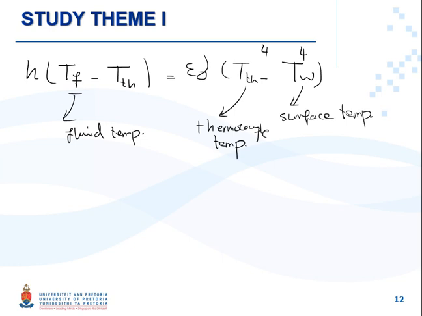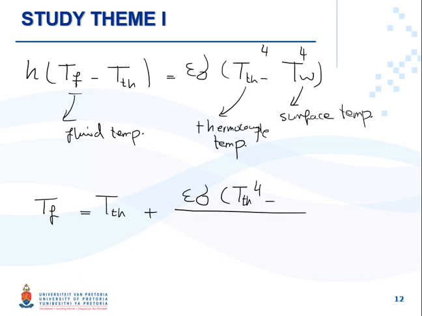So if we want to find the actual temperature of air or fluid here, T_f is T_th plus epsilon sigma (T_th to the power of 4 minus T_w to the power of 4) divided by h.